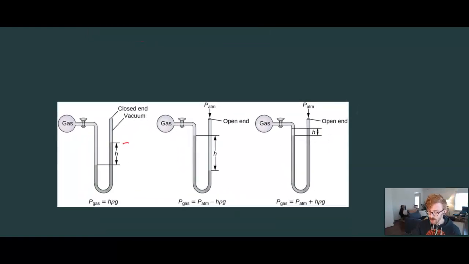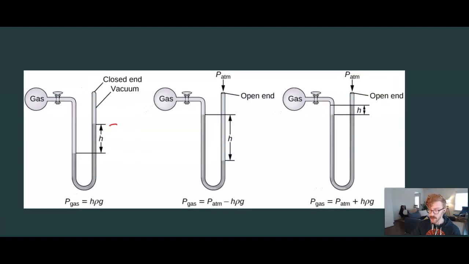What's more useful in a laboratory setting is to be able to measure the pressure of a sample, for example, not just the open atmosphere. So this is an example of a manometer, and a manometer is not open to atmosphere.